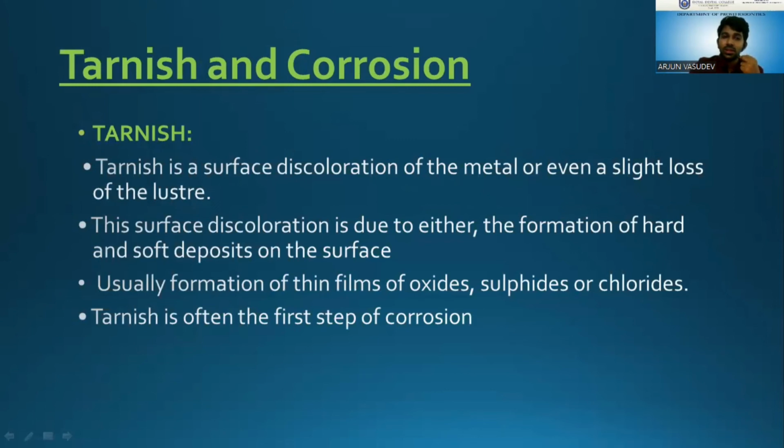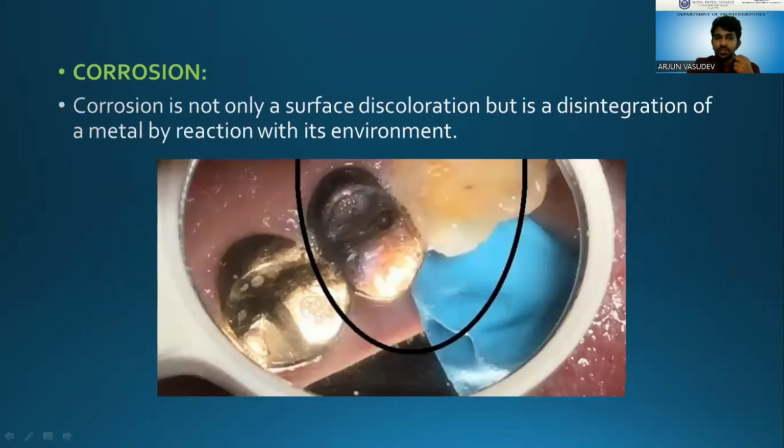Tarnish is a surface discoloration of the metal or even a slight loss of luster. This surface discoloration is due to the formation of hard and soft deposits on the surface, usually the formation of thin films of oxides, sulfides or chlorides. Tarnish is often the first step of corrosion.